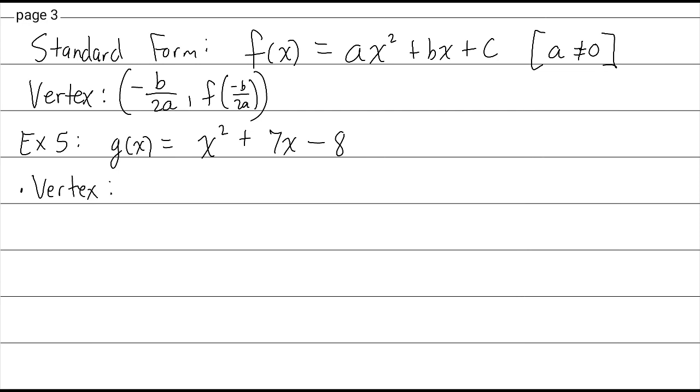We'll start with the vertex. Like I said, the x value of the vertex will come from negative b over 2a. Negative b, that's negative 7, over 2a, that's 2 times 1. So that's negative 7 over 2. To find the y value, I'll plug that into g.